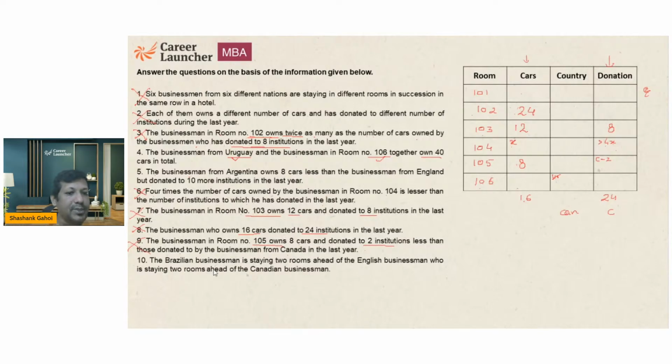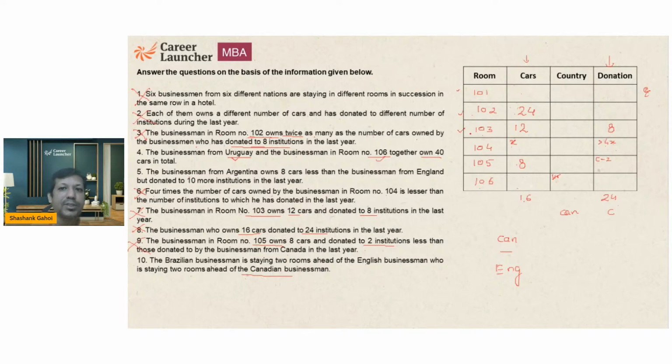The Brazilian businessman is staying 2 rooms ahead of the Canadian businessman. Okay. So I am going to have Canada, then what do I have? England. Ahead means, basically, room number 102 is ahead of room 101.